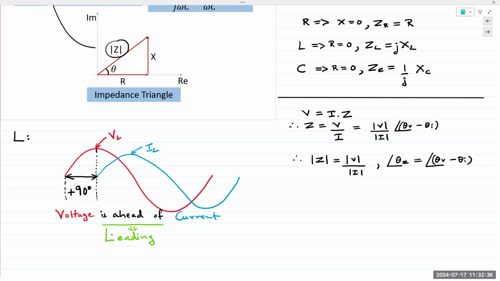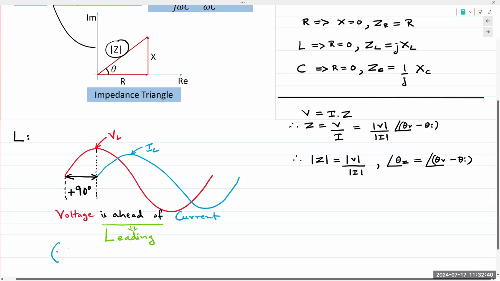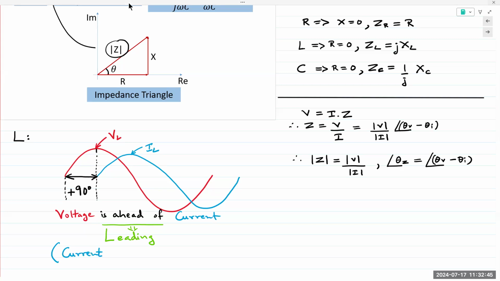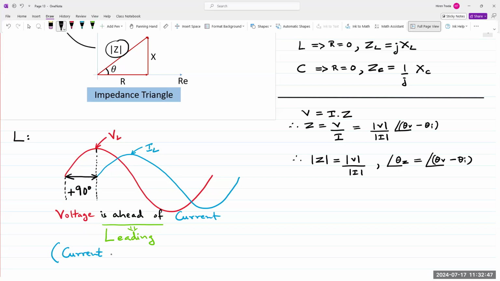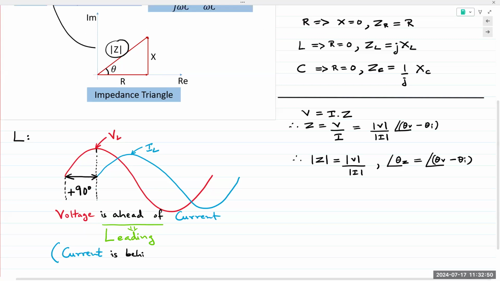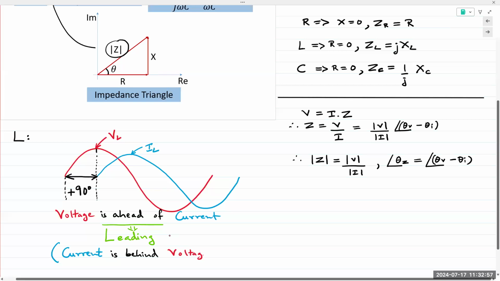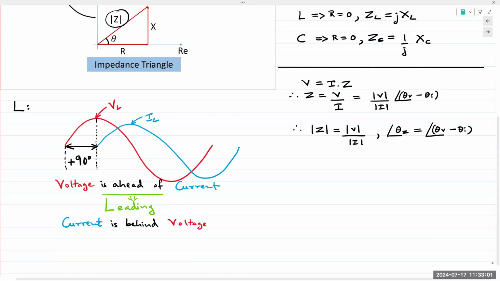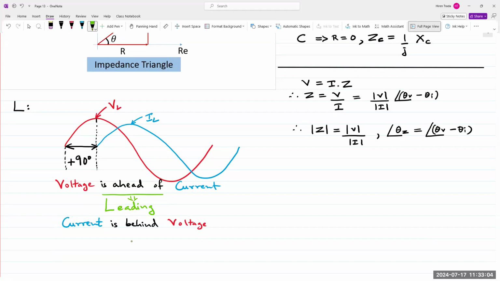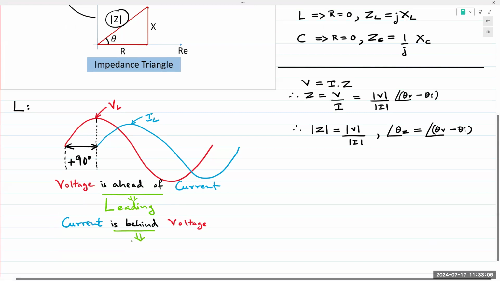The other way of stating this is that current is behind voltage. And the technical term for that is lags.